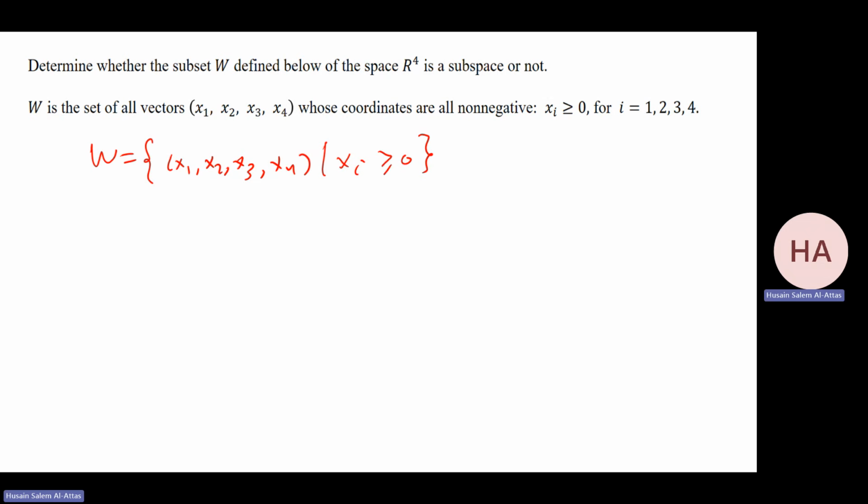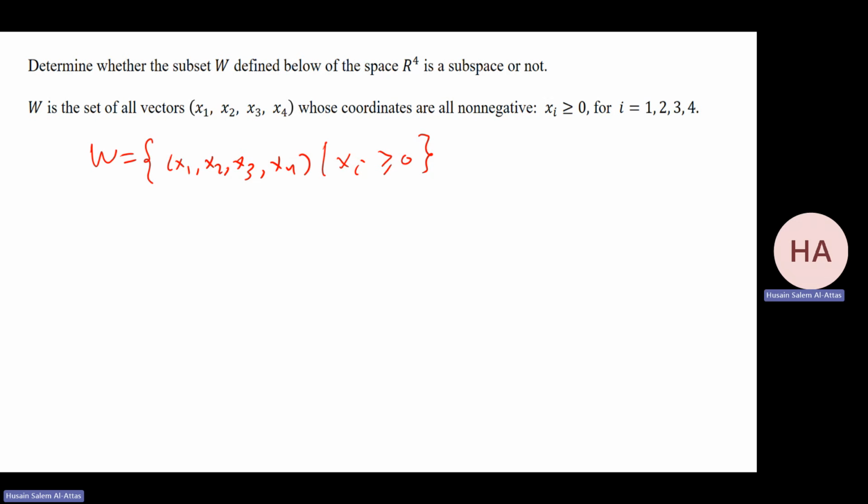Is this a subspace or not? By the way, in this case, the first condition, the sum, if I add, still the components will be non-negative.